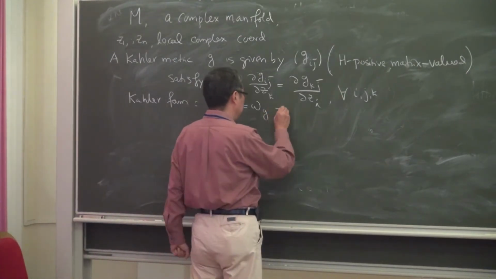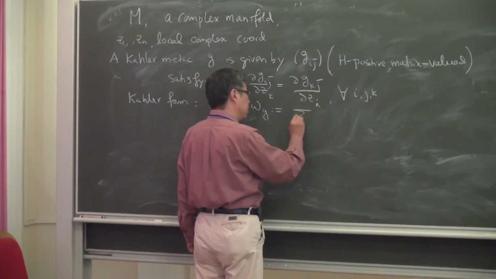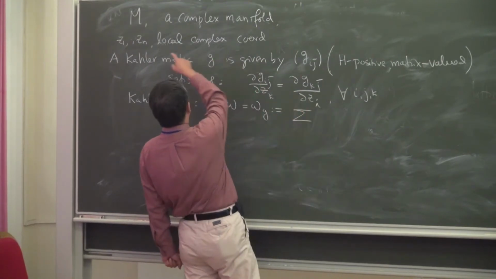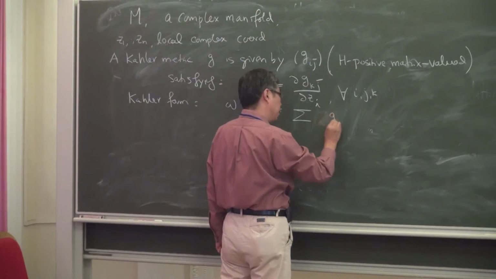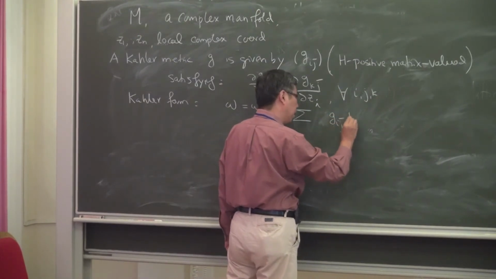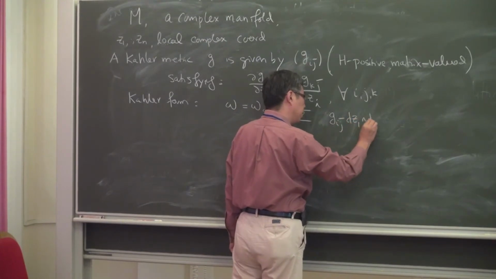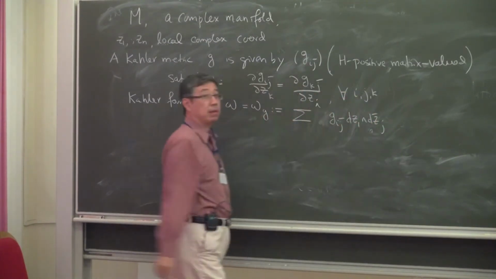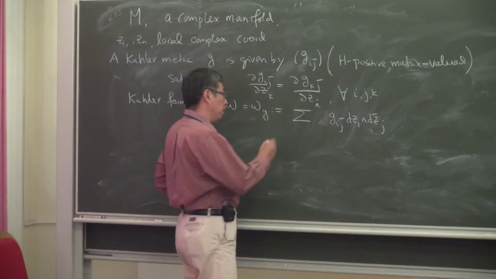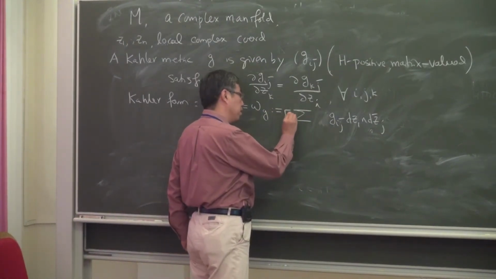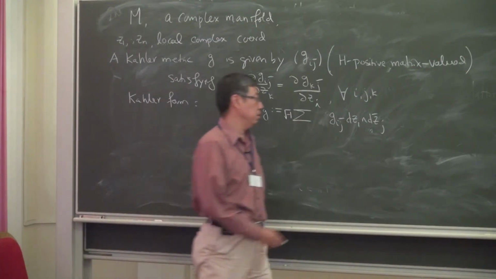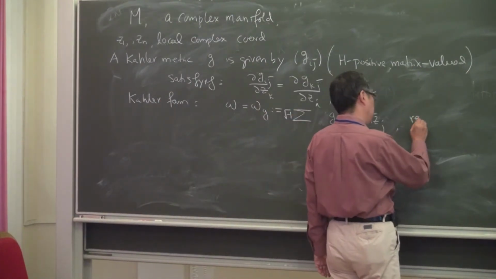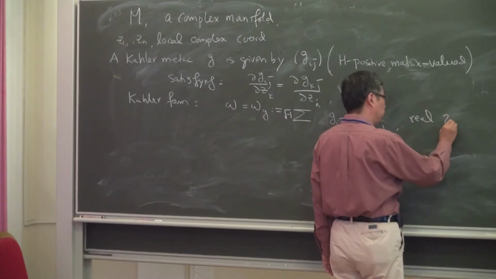It is defined to be a sum, where n is the complex dimension, of G i j-bar dz i wedge dz j-bar. Normally we put the square root of minus 1 in front to make it a real form. You can check. So this becomes a real two-form.